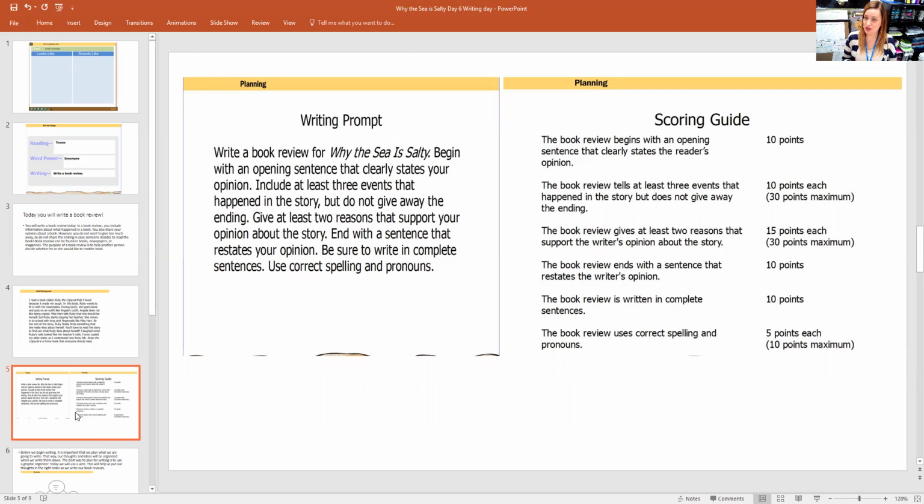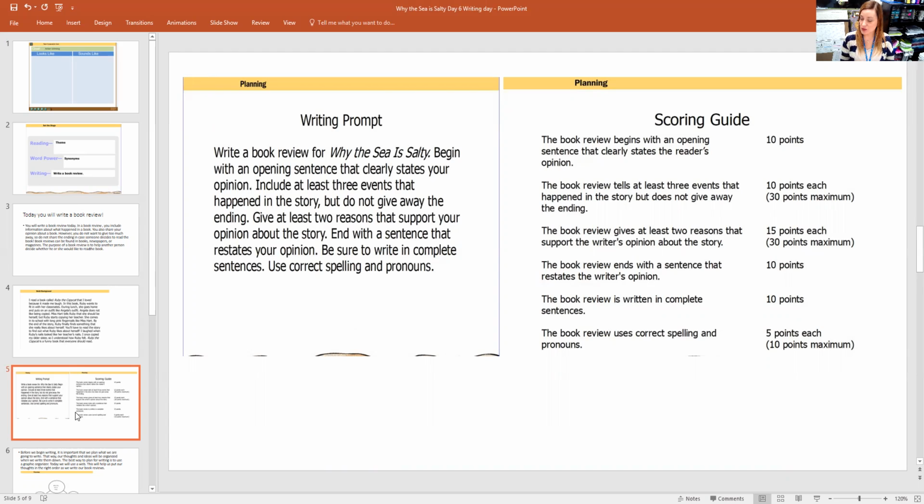And then we have a scoring guide here that says, the book review begins with an opening sentence that clearly states the reader's opinion. That's worth 10 points. The book review tells at least 3 events that happen in the story, but does not give away the ending. That's worth 10 points for each event, so 30 points total. The book review gives at least 2 reasons that support the writer's opinion about the story.